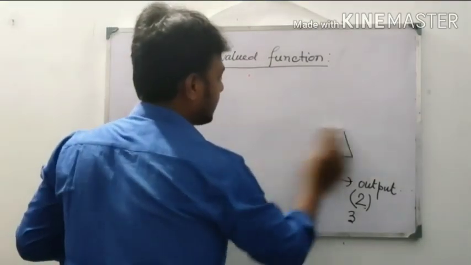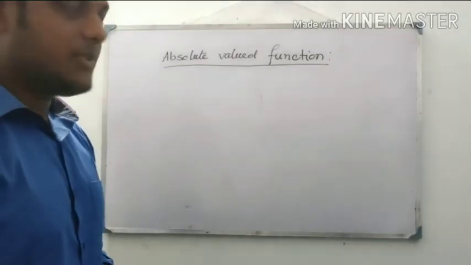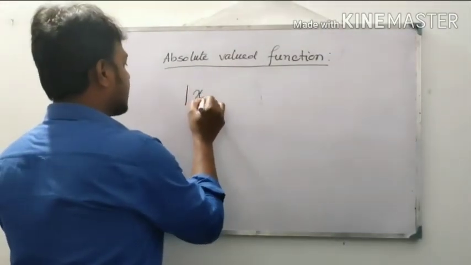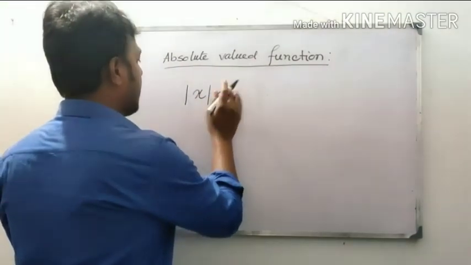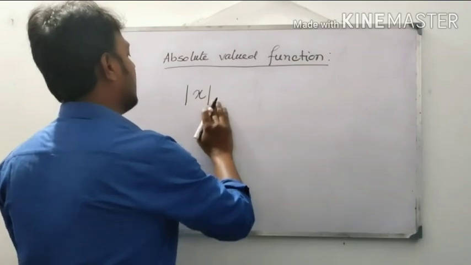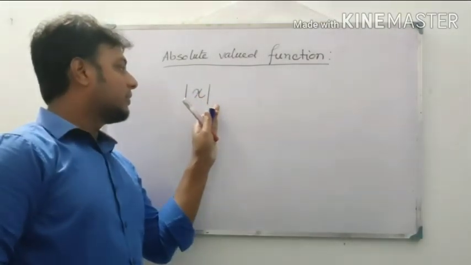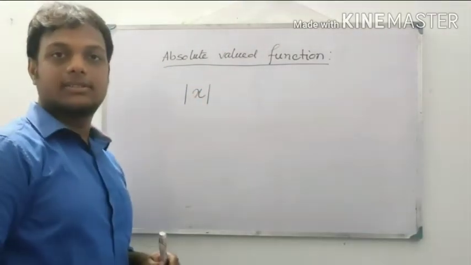Suppose I am telling you mod of x, only mod x. So we don't know whether x is positive or negative. So what will be the value of mod x?